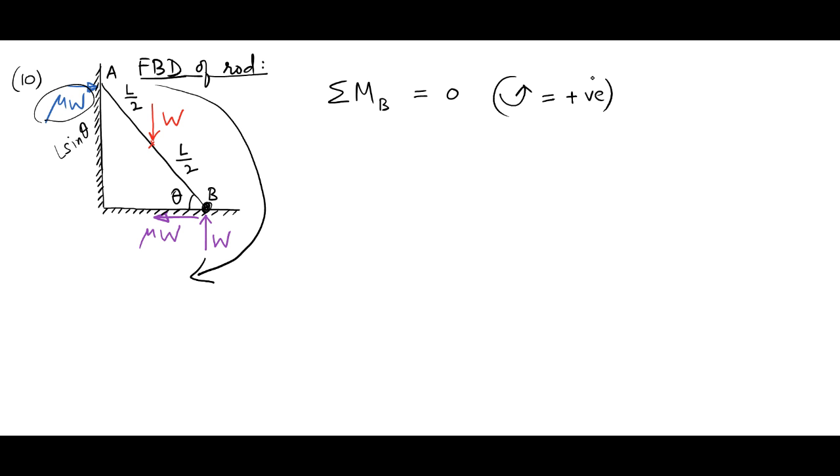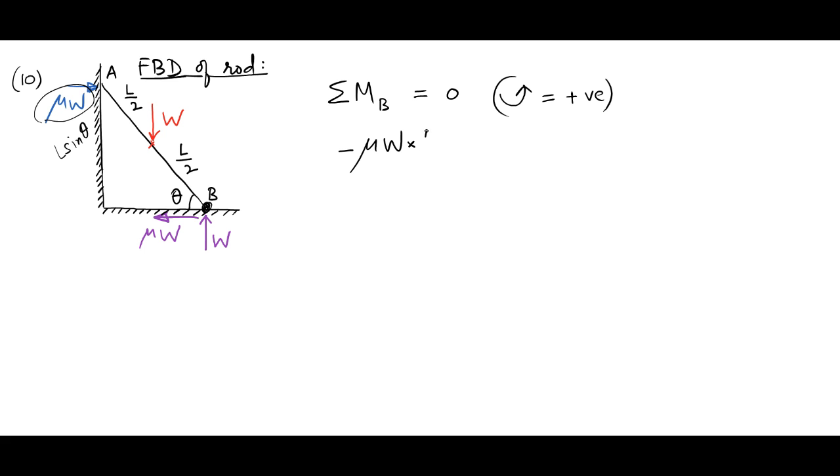So I get a negative moment by mu W. It's minus mu times W, that's the force, and I multiply the magnitude of the force by the perpendicular distance between the line of action of the force and the point B. So this is nothing but L sine theta, the same L sine theta I've written over here.